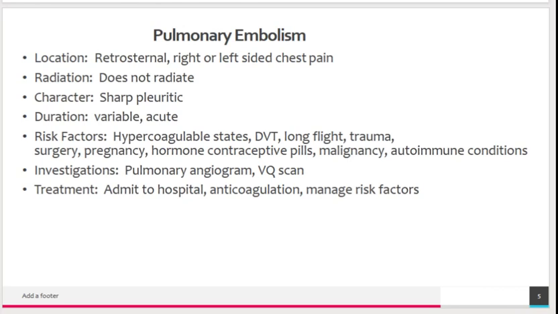We can diagnose this condition with the help of pulmonary angiogram or ventilation perfusion scan if the former is contraindicated. Management involves admission to the hospital and administration of anticoagulation.